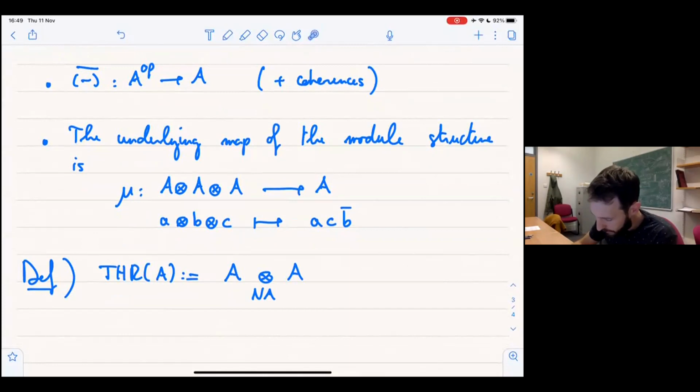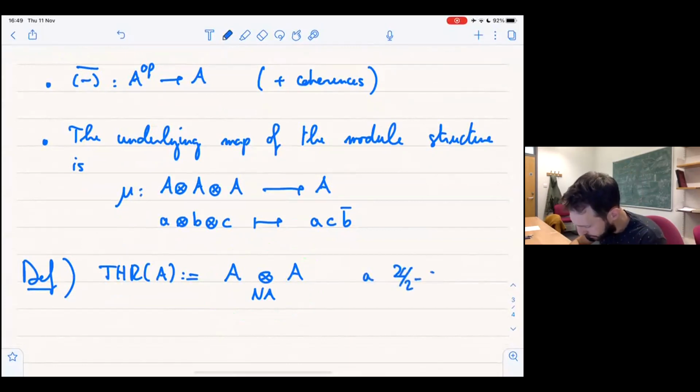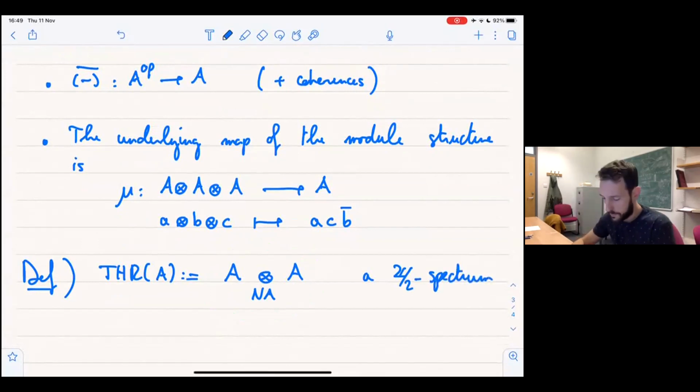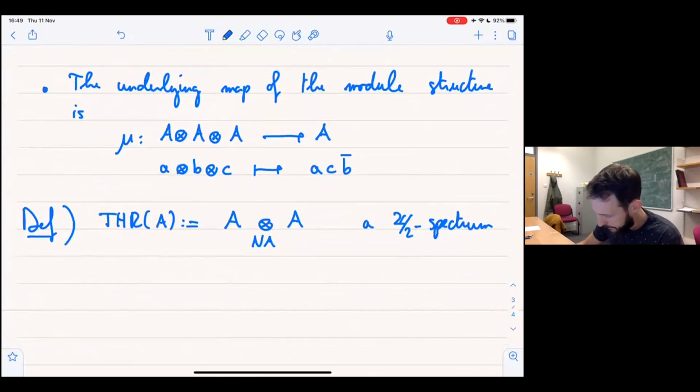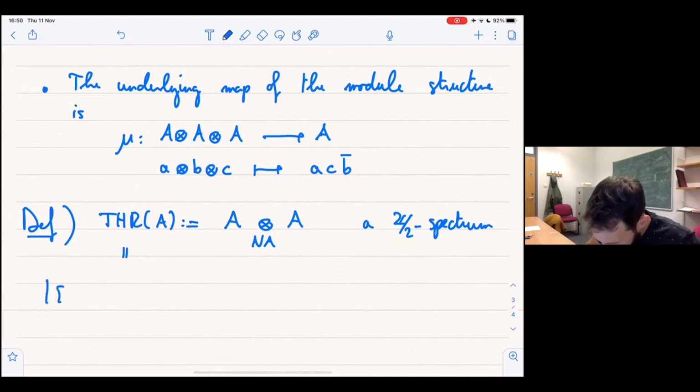And if you do this, well, this is in the land of C2 spectra. So you get a C2 spectrum automatically. Let me call it Z-mod2. And again, if you set this up more carefully, you can actually incorporate the S1 action as well. So you can write this down as some, I think I'm just going to draw the same picture I did before.